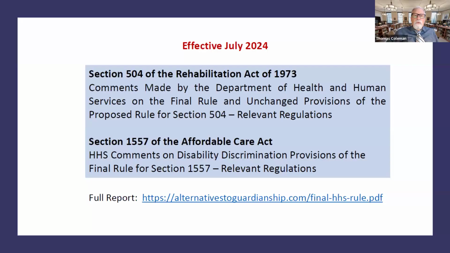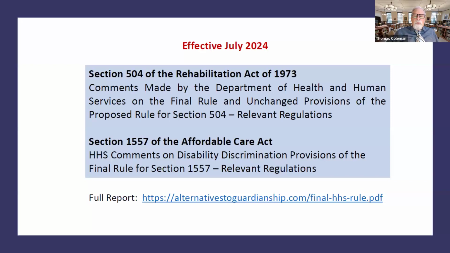The rules were promulgated to implement two different statutes. The first is Section 504 of the Rehabilitation Act of 1973, which applies to healthcare providers and others who receive federal funds through the Department of Health and Human Services.